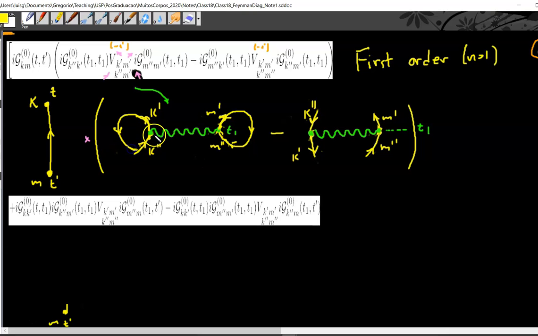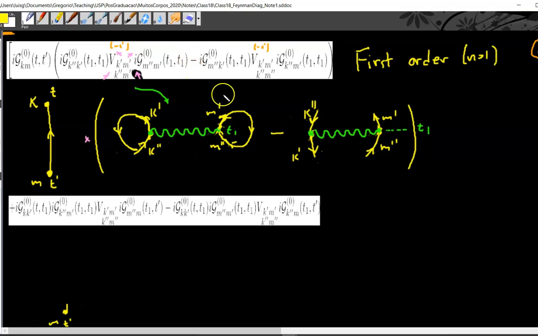So it's a loop, except that there's a process where I start in a state and I might end in a different state, in general. So this diagram with two lines and a wavy line represents this process here.